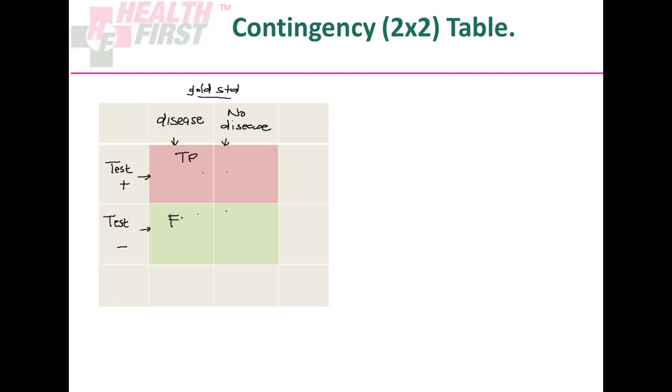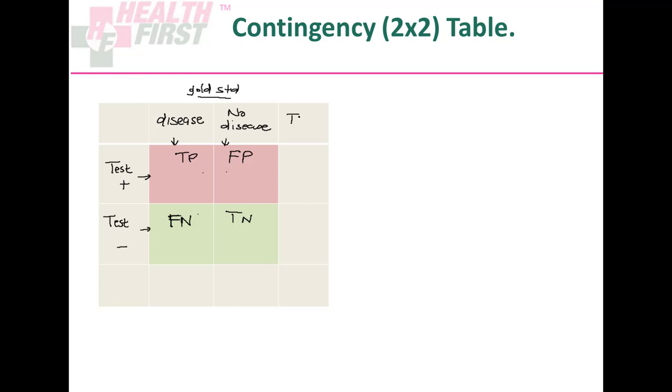We call that a false negative. And then you'll have individuals who do not have disease who test positive. So we call that a false positive. And you have individuals without disease who test negative, right? And those are true negatives.